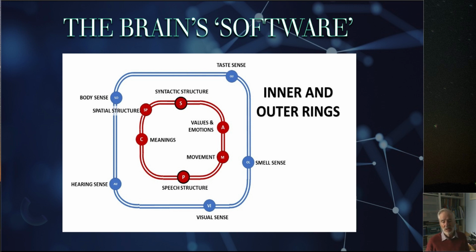Let's take the one on the lower left, the hearing sense. Right, sound waves come into the system. When they eventually arrive at the entrance gates of the auditory system, it automatically tries to make sense of them, tries to develop a representation of these patterns if it hasn't already.